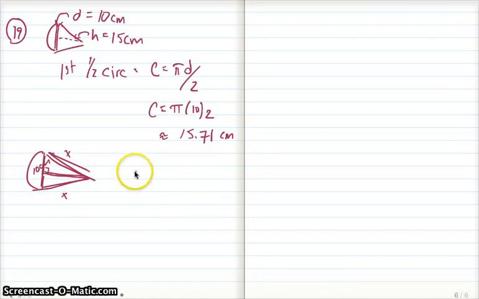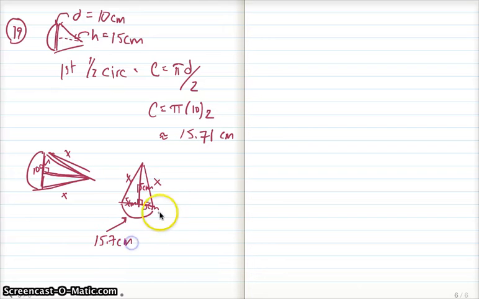Okay, and let me flip my figure, it looks like this. So two right triangles, each with a base of 5 centimeters and a height of 15 centimeters. And basically I'm trying to figure out what the other side happens to equal. I know that this length is about 15.7 centimeters.